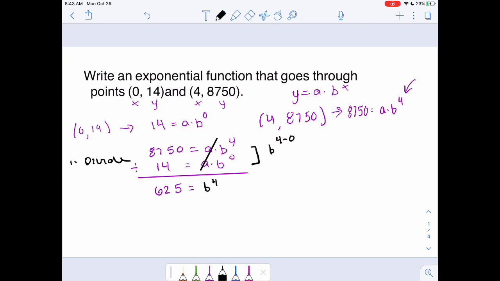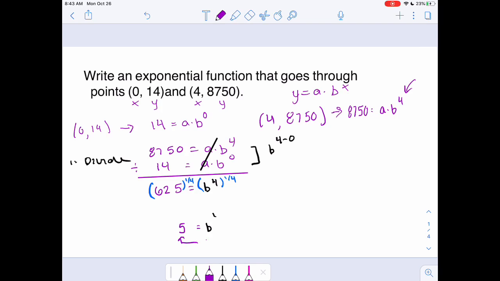Now I need to know what is b to the 1st. So I'm going to raise both sides to the 1/4 power, because a power raised to a power means you multiply the exponents. 4 times 1/4 is 1. But I have to make sure I do that to both sides. So then I get my final answer, which is 5.